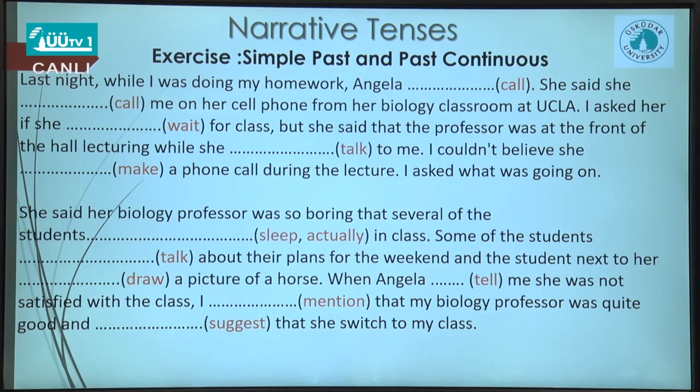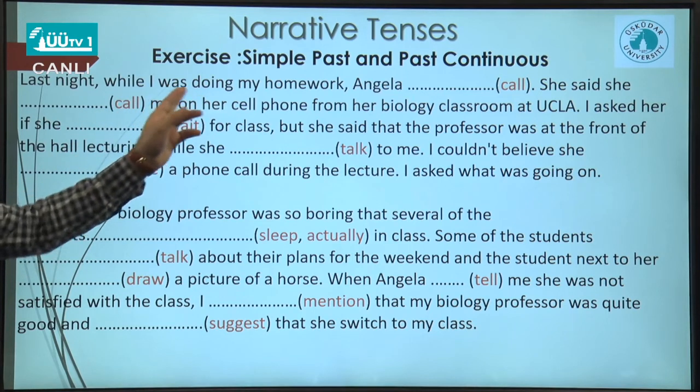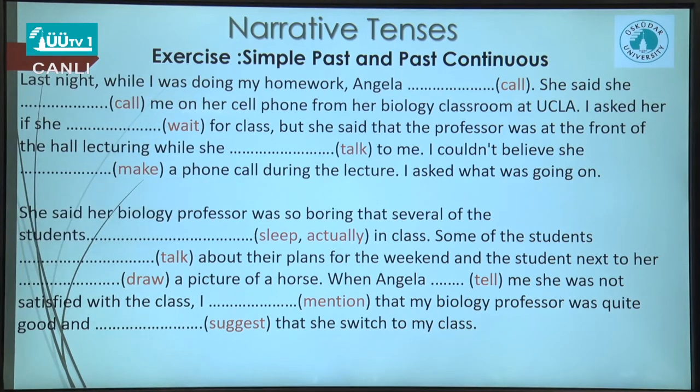Okay, I remind you that it's going to be filled by just simple past and past continuous. Last night, while I was doing, again after while we use the continuous form, my homework, Angela called. She said she was calling me on her cell phone. Calling is a progressive. From her biology classroom at UCLA. I asked her if she was waiting for class.